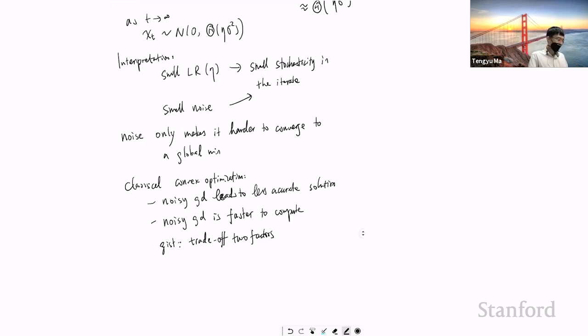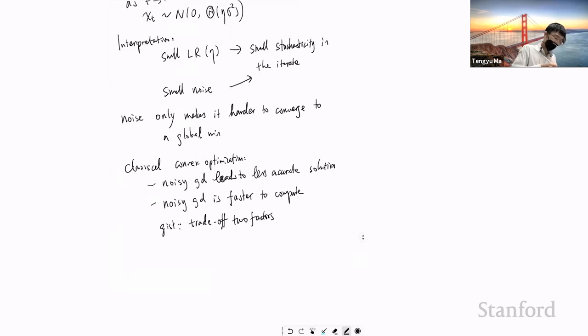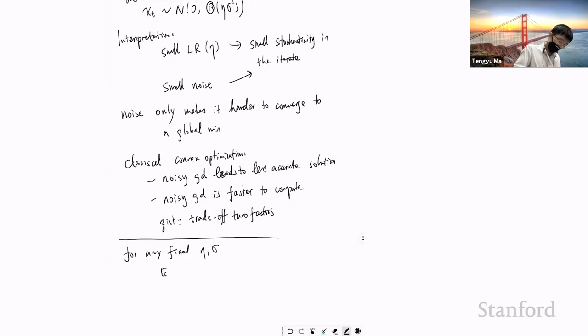So so far this is about that. And also another thing, just a side remark, which is a useful comparison for us later. Suppose you fix eta and sigma, right? So the expectation of x_t is always converging to zero as t goes to infinity, right? So even though there's stochasticity, there's a bouncing around, your average is always at zero.